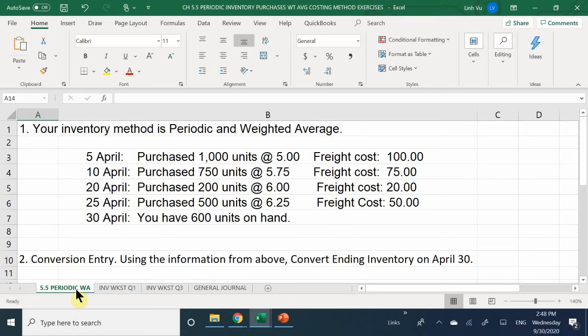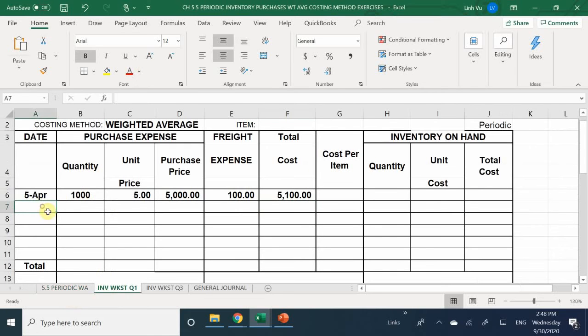So what happened on April 10? April 10th, we purchased 750 units at $5.75 each, with a freight of $75.